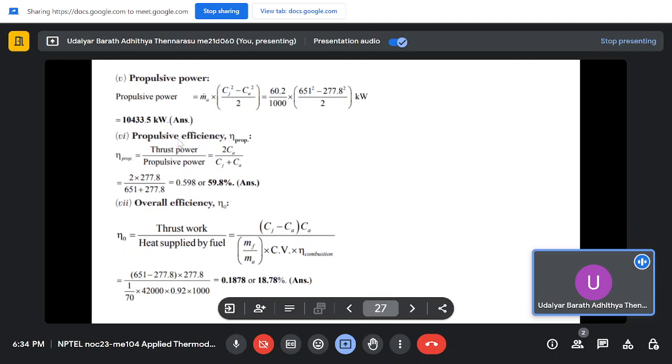Here we are considering just the air, so that's the difference. So propulsive power is equal to m dot a into the change in kinetic energy of the air, which is the jet minus the air inlet: m dot a into cj square minus ca square by 2. We know all the values, we will substitute, and it will come out to be 10.43 kilowatt.